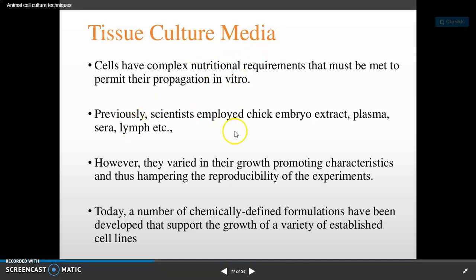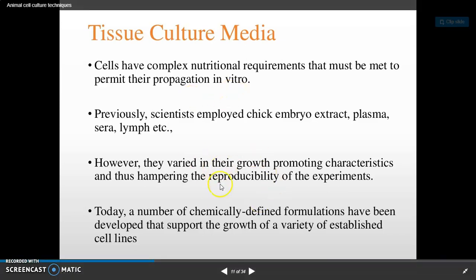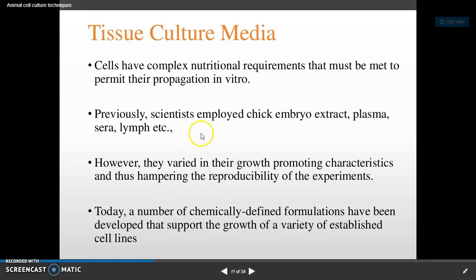Previously, scientists employed chick embryo extract, plasma, sera, lymph, etc. for the maintenance of tissue culture media. However, they varied in their growth promoting characteristics, thus hampering the reproducibility of experiments.